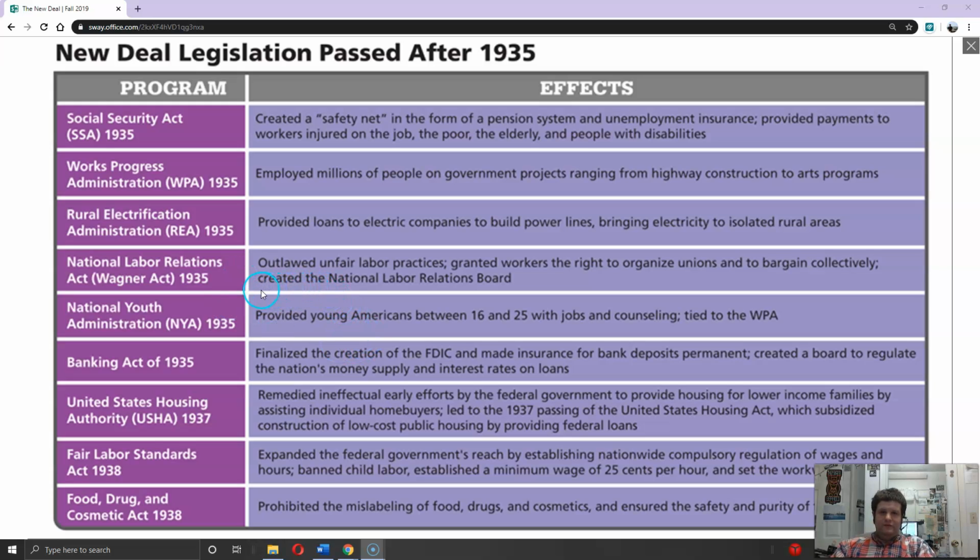Another program that's worth mentioning. I'll mention them together, but like the National Labor Relations Act and the Fair Labor Standards Act, the goal of these was to make sure that working conditions didn't slip back to their old school Industrial Revolution era conditions. Part of the reason for this is concern of communism. Remember when I told you a lot of people are considering alternatives?